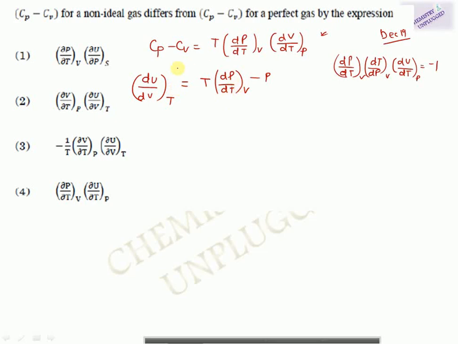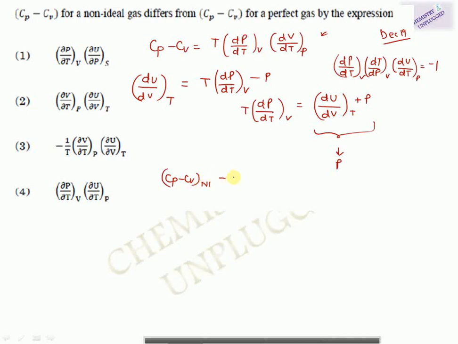So now we can place the value of dP over dT from this equation into this one. How will you do this? We will put this value into this equation, and first we will convert it for ideal gas. For ideal gas, this equation is only P, because this term is 0 for ideal gas. So this value for ideal gas will become only P. And for real gas, we will take this complete value.